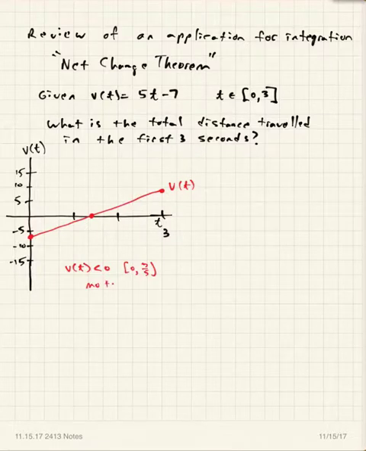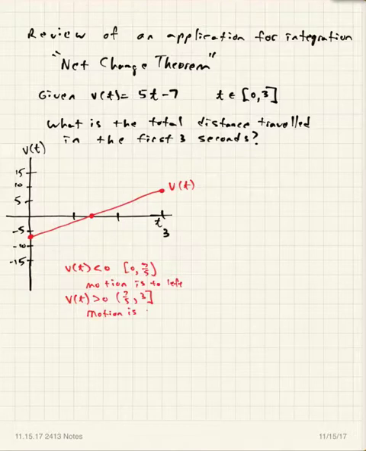So in this case, the motion is to the left because the velocity is going to be negative in that time period. And then when the velocity is positive from 7/5 to 3, right now the motion is to the right.